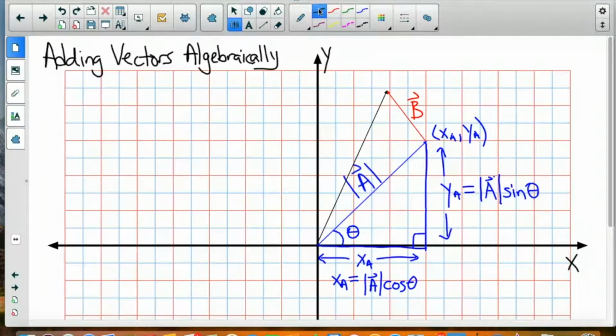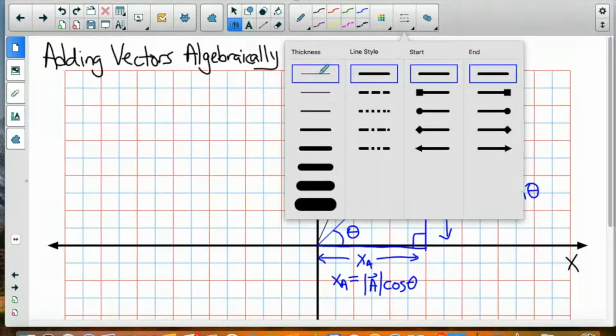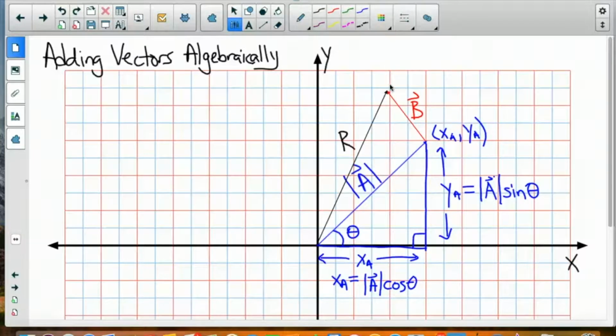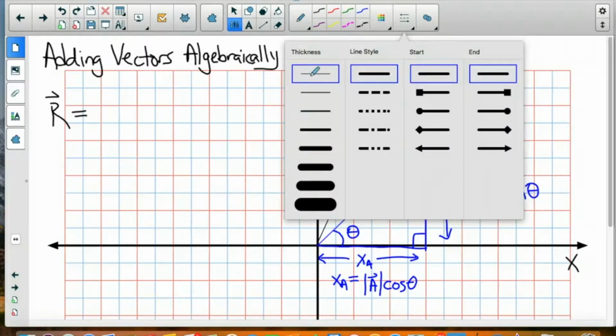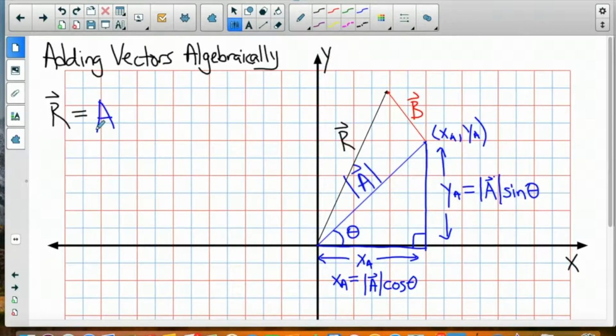Remember, vector addition: R is the vector A plus the vector B, which is the same as the vector B plus the vector A.